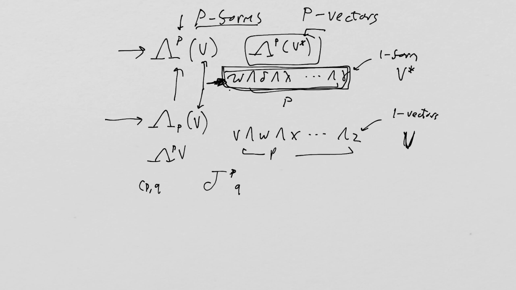A tensor product space of rank PQ. We don't say V star V, or we don't say, for example, 0 P V star. We just say T P Q of V, where V is the underlying vector space. And the same thing applies here, really.